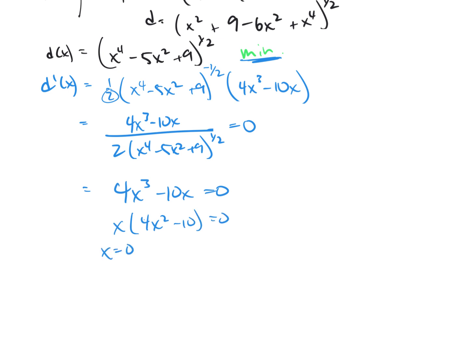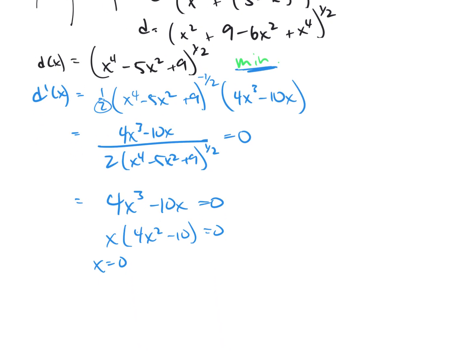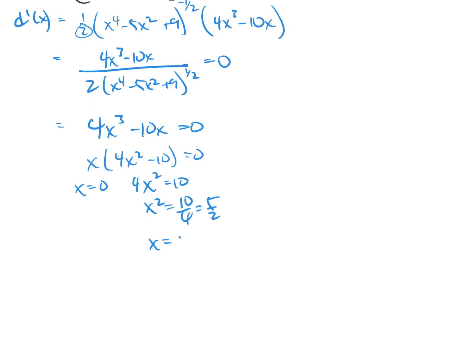So x is 0, which, if I look at my graph, could be this value here, the point (0, 6). Or 4x squared could be 10, so x squared is equal to 10 over 4, which is 5 over 2. So x is equal to plus or minus the square root of 5 over 2.